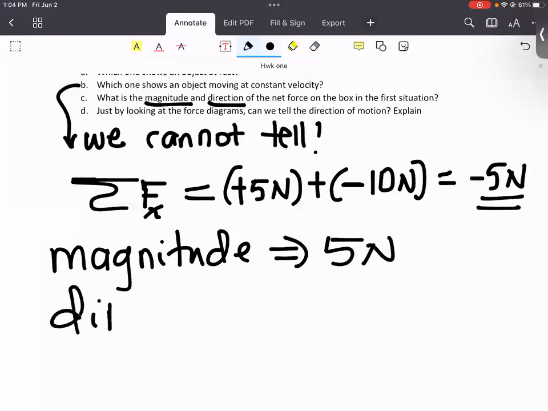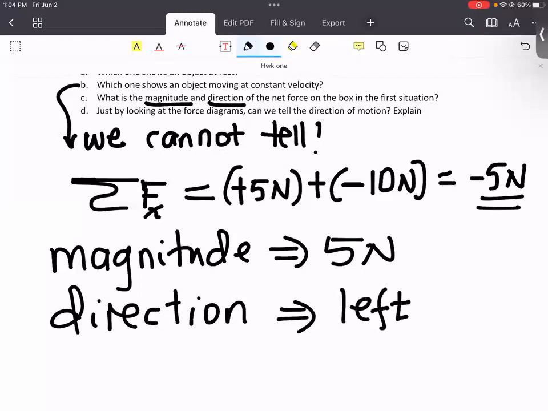And for direction, since we have a negative direction there, you would say left, because negative stands for left. Okay, let's label this one as part C of the problem.